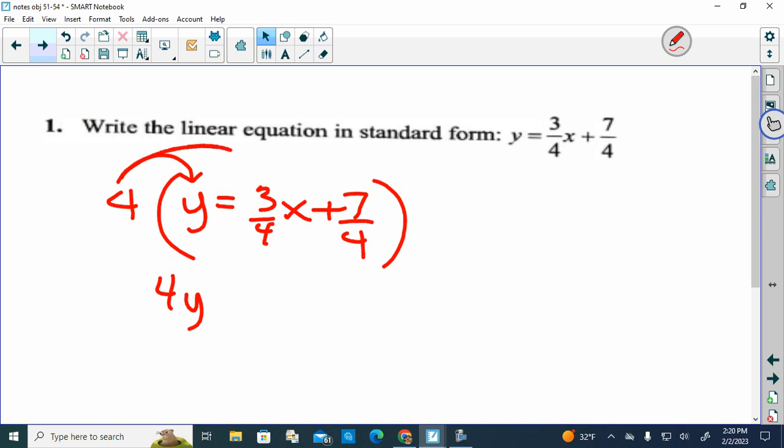When I distribute to here, remember, what do I get? Can't you multiply them each on top and bottom? You can do top and bottom, but the reason why we're doing this is because it gets rid of this, right? These would cross cancel and it would just leave 3x.